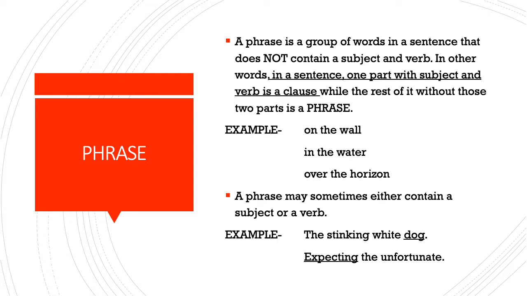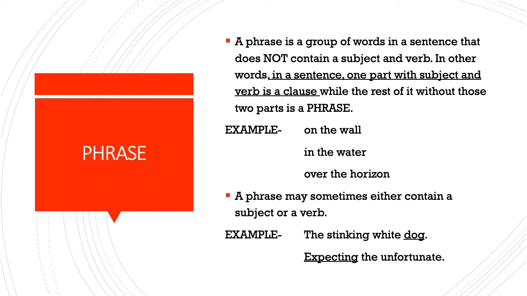Similarly, expecting the unfortunate. Who is expecting? Expecting is an action, it is a verb, but an action cannot be done by nobody. Somebody has to do that action, right? So who that somebody is, is again not informed in this particular sentence. So this again becomes a phrase.